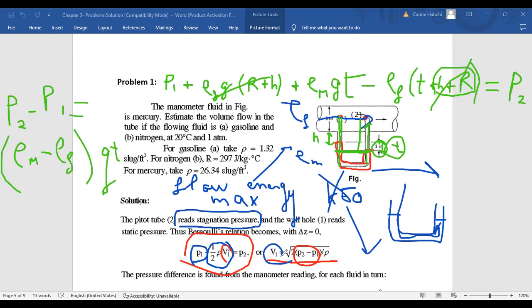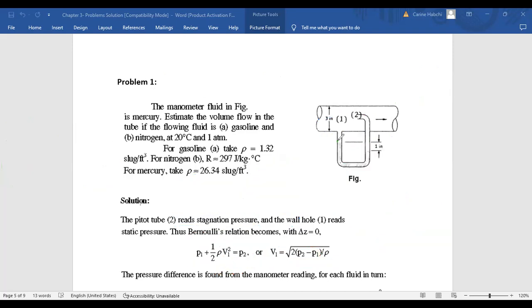This simple formula, V1 equals radical 2 delta P over rho, is the formula that will be implemented in the device to read the velocity by reading the difference in height, because delta P is proportional to this difference in height. Just for the device, okay?